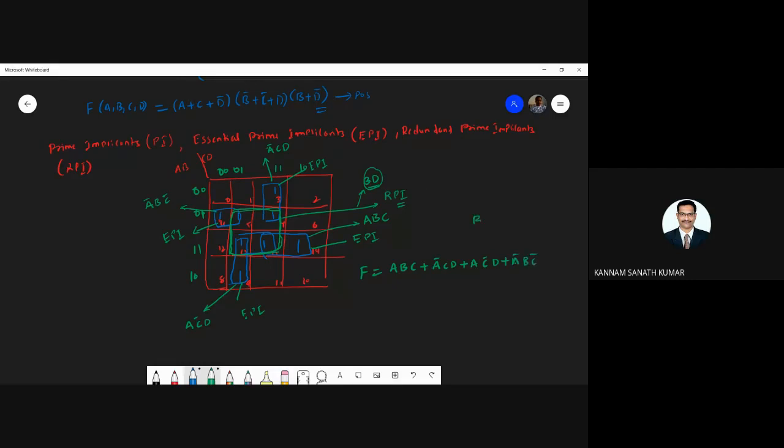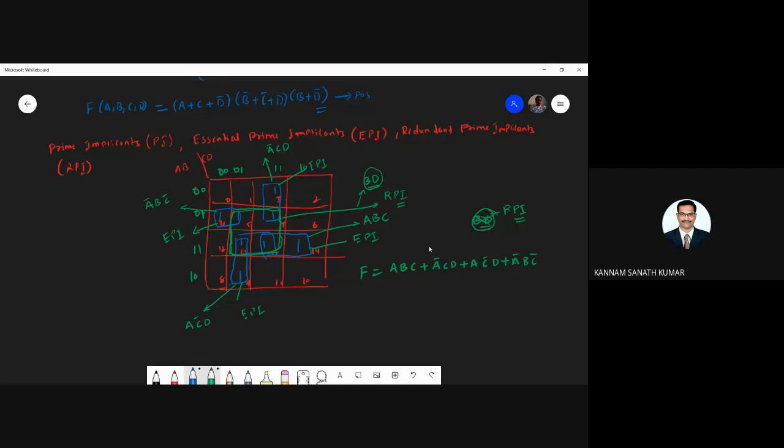No need to write BD, because it is a redundant prime implicant. So we have prime implicants, essential prime implicants, and redundant prime implicants.